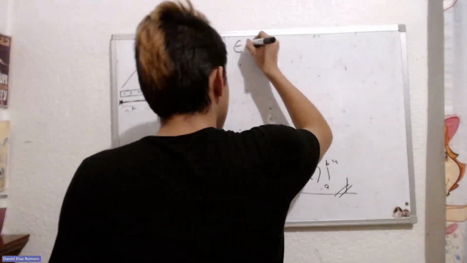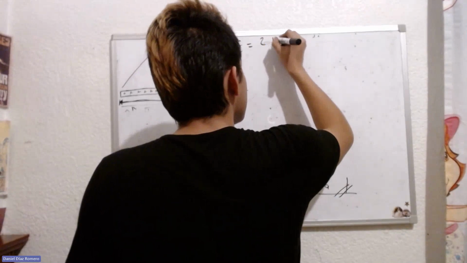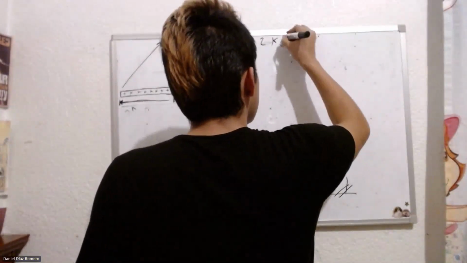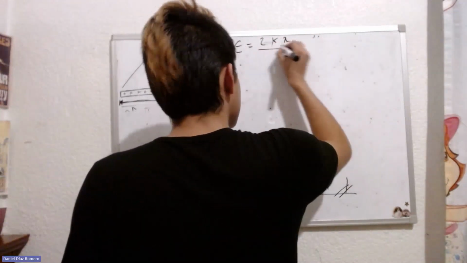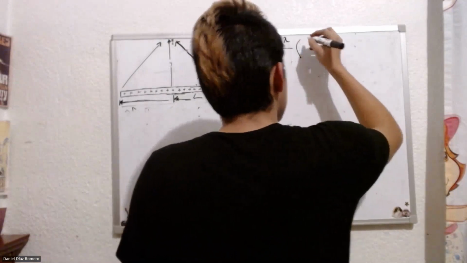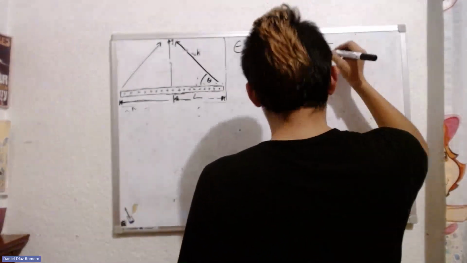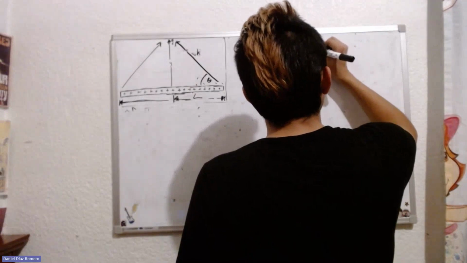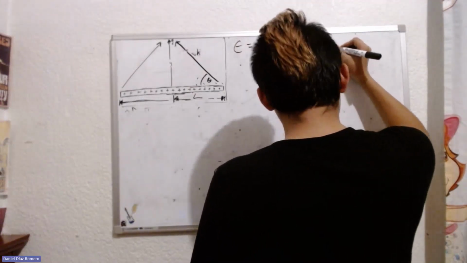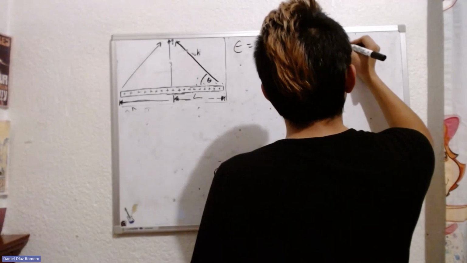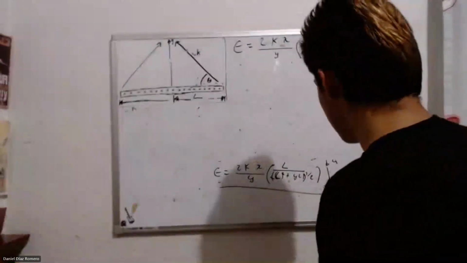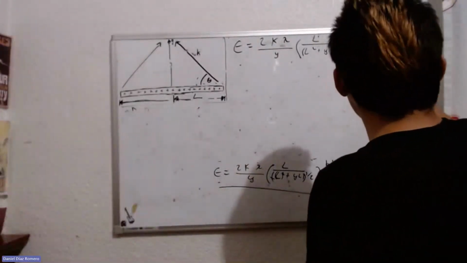E is equal to 2k lambda, sorry, over y of L squared plus y squared to the 1.5. All right, evaluated from A to B.